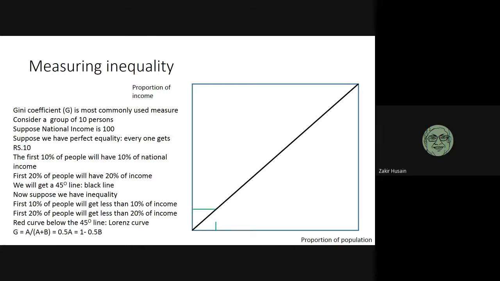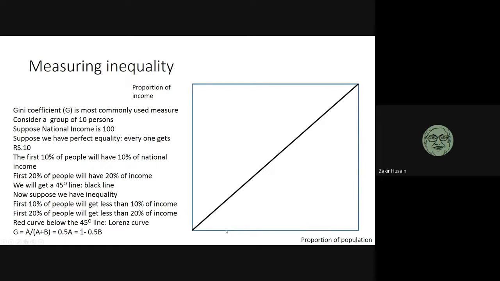The first person represents 10% of the population. How much of the income will he get? Everyone gets 10 rupees. So that means the percentage of national income that he gets is 10%.